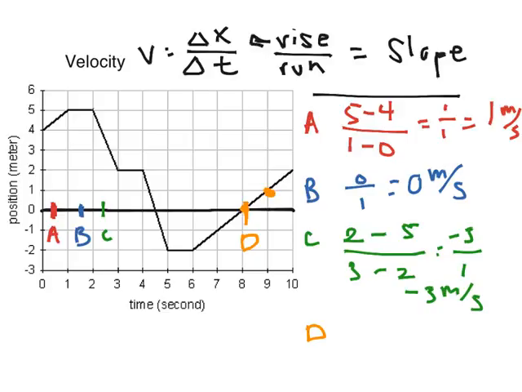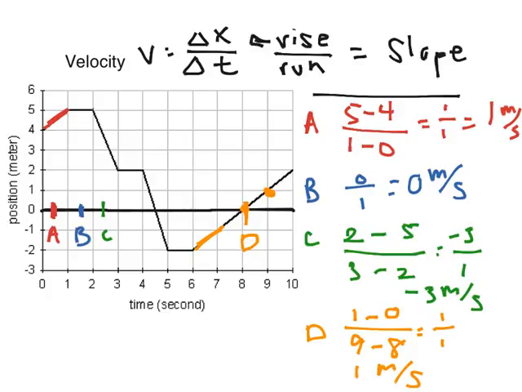If you're not sure, our final rise was 1, our initial rise was 0, our final seconds was 9, and our initial seconds was 8. This is also going to give us 1 over 1, which gives us 1 meter per second. Hopefully you can see that the slope here in A looks like the same slope here at D. They're parallel, so it makes sense that you were going the same speed at those times. Remember, these are all just your velocities. Finding the slope gives you the velocity from a position-time graph.